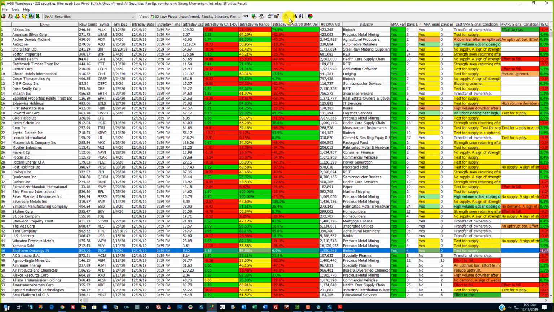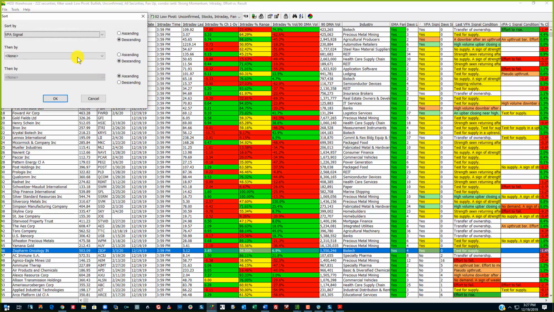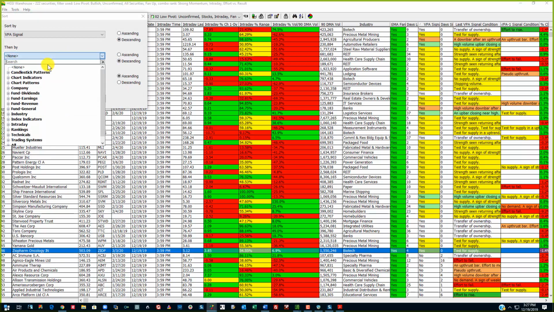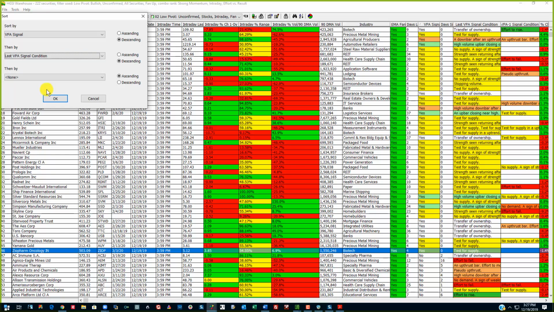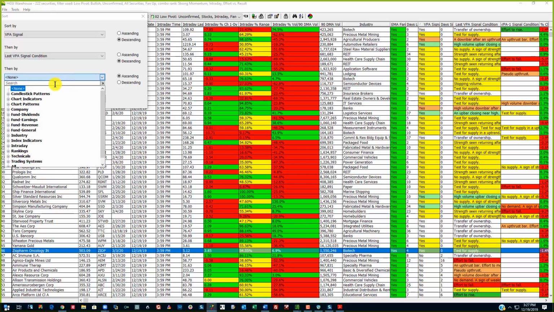So what I'm going to do is a multiple sort. Here's my first sort, VPA signals. Then I just type VPA because that takes me to everything I want: the signal condition and then the days since VPA.